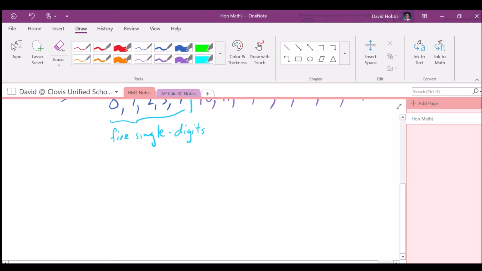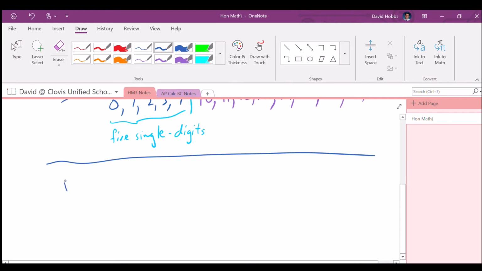So again, if we were actually to be doing base 3, that means we've got 0, 1, 2 before we start using 2 digits.